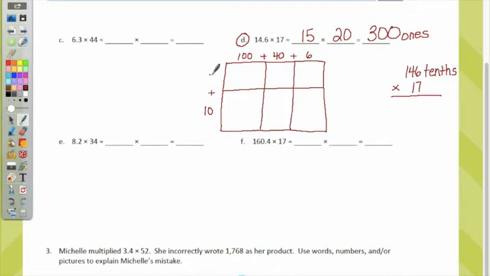Good. Highlight. Is that what I wrote? Did I write a 1 and a 7 there?